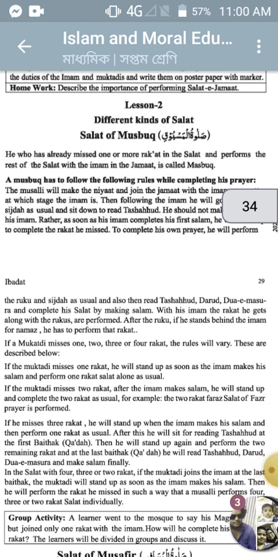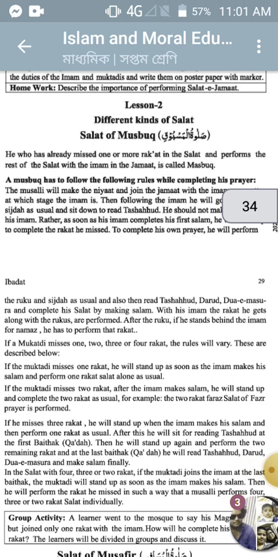He who has already missed one or more rakat in salat and performs the rest of the salat with the imam in the jamaat is called masbuk.